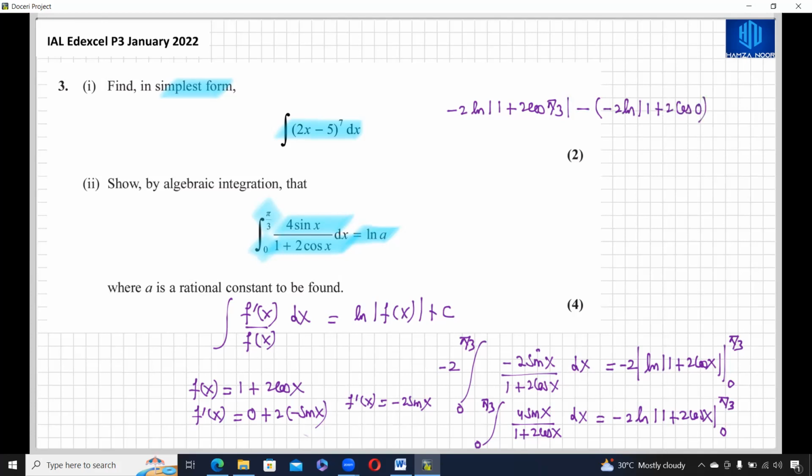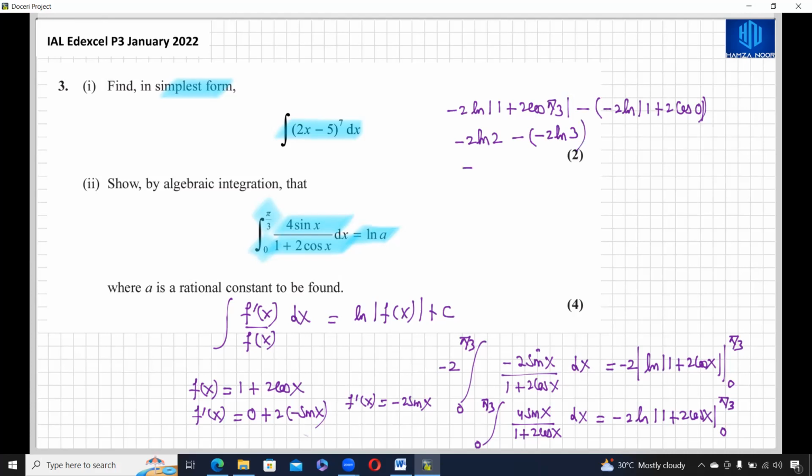Okay. So far we have achieved this thing. So make sure to convert your calculator to radian mode. So 1 plus 2 cos pi over 3 is supposed to be 2. So minus 2 times ln 2 and then a subtraction sign. And then you have 1 plus 2 cos 0, which is 3. So minus 2 ln 3.